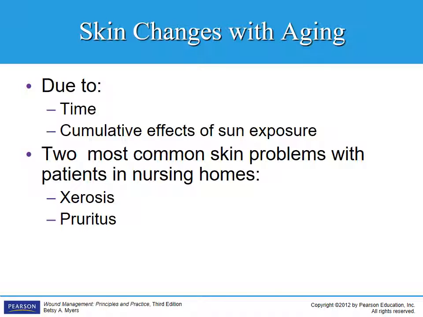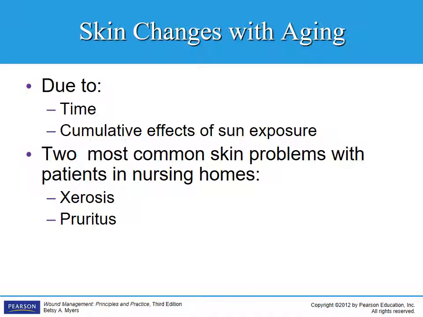Obviously, the dry skin can be related to changes in moisture in the skin, and the large number of drugs a geriatric patient may be taking, pharmaceuticals, the environment. If it's a really well heated environment in their room because they keep it hot, then they're going to dry out the skin.